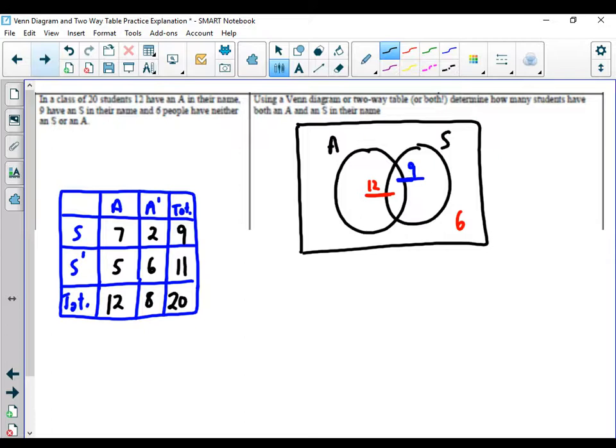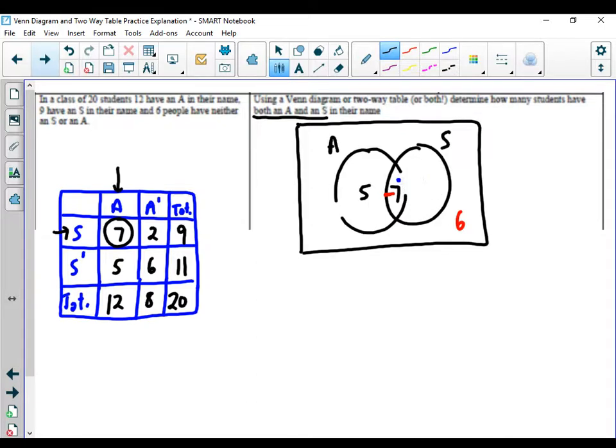Now, our question was both A and S. If I look at the A and S intersection, I end up with 7. So that means I really had 7 in this area here, which means 12 would now become 5, because I want 12 total.